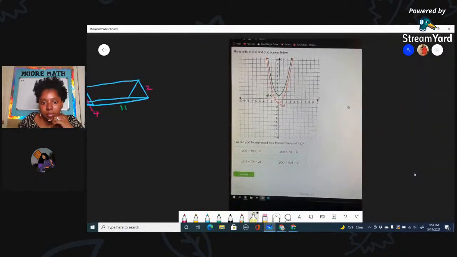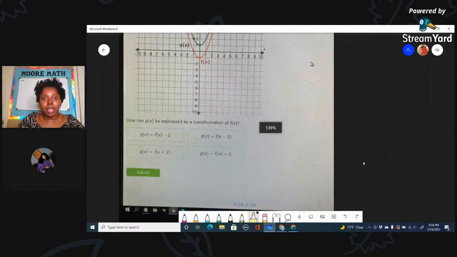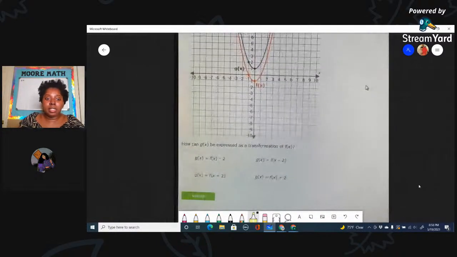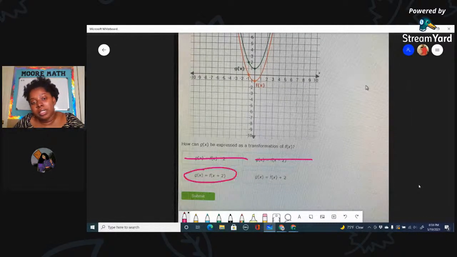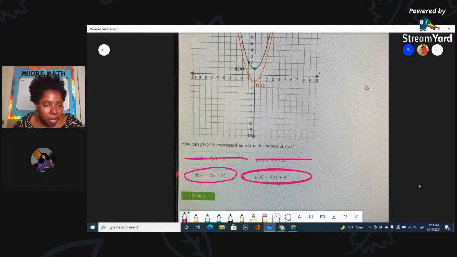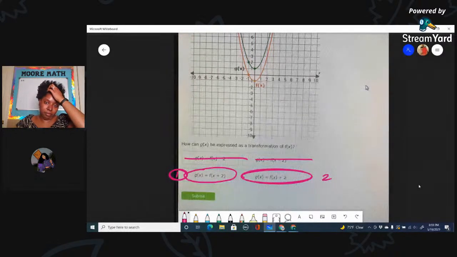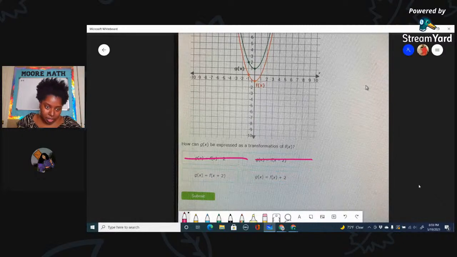Sorry. Let me zoom in. Okay. So we can cross this off because we went up 2. So which one is it? This one, let's call it 1 or 2. Which one? Let me get there. So 2.